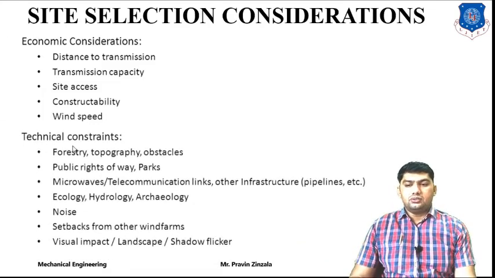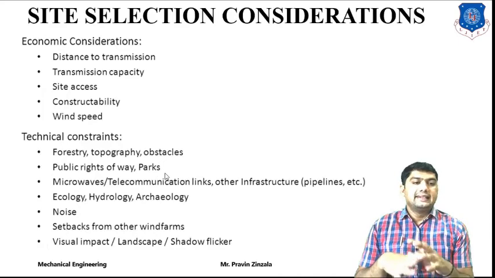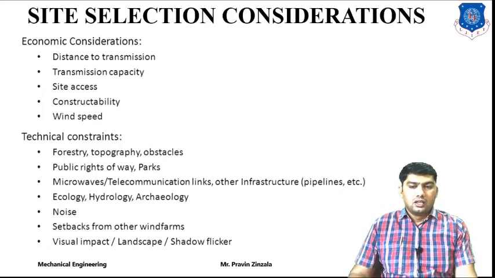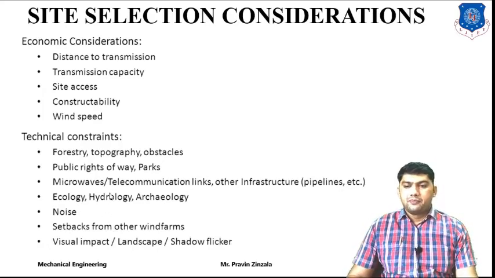The second part is technical constraints. We can consider forestry, topography of land, obstacles, and public rights of way or parks. We cannot install a wind turbine in a city area because it affects the public, and it also affects human and bird life.